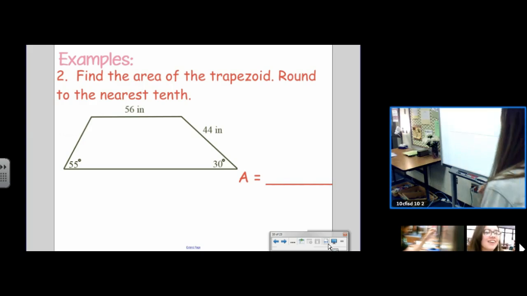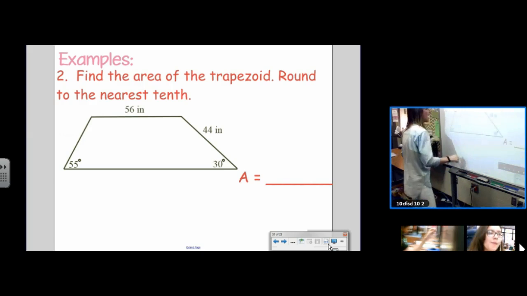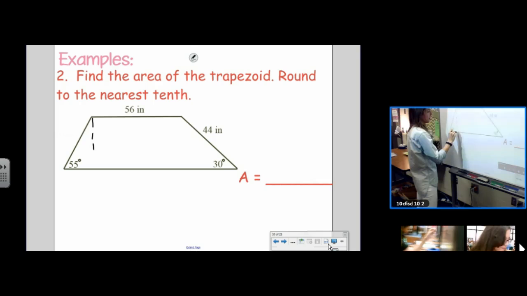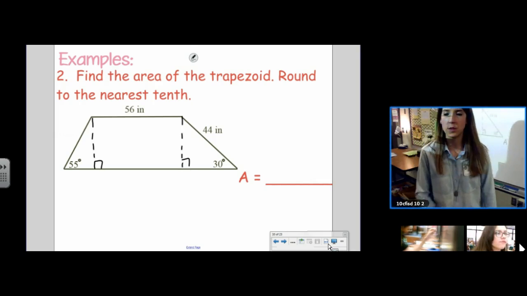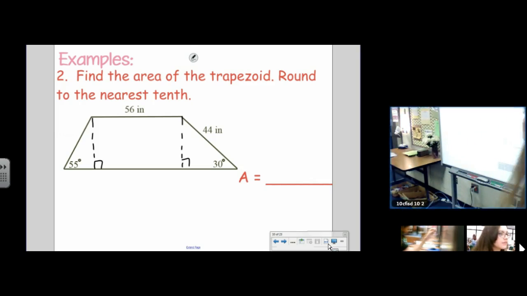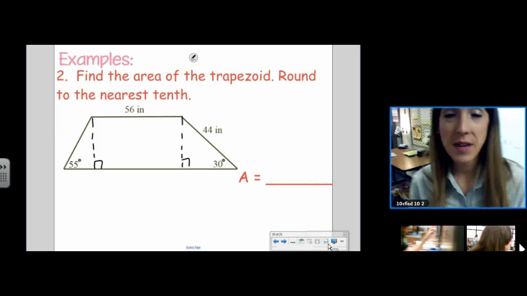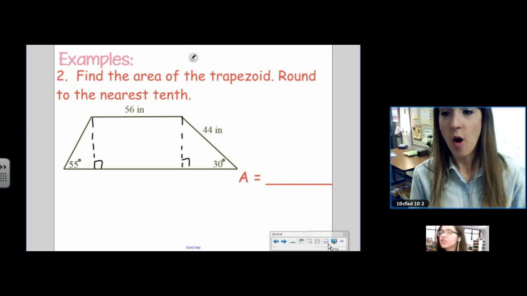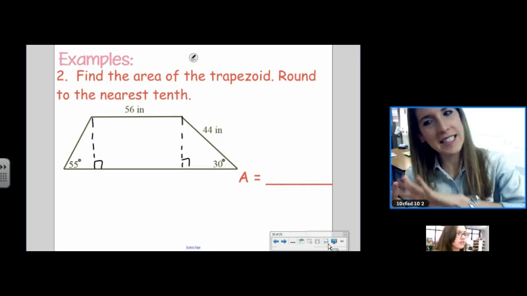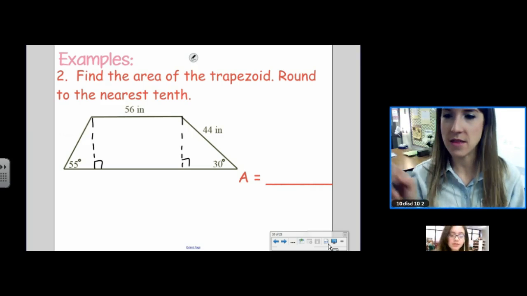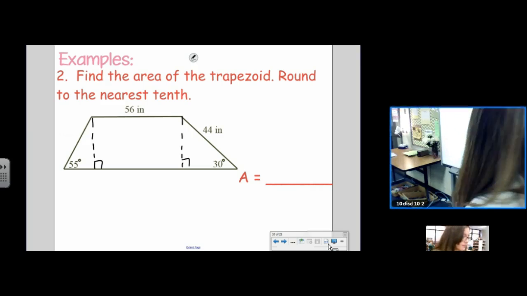All right, we know that to begin this problem, we need a height. I actually recommend drawing in both heights, both altitudes, because we will use both of them in this problem. Okay, so we know we need base 1, we need base 2, and we need a height. All we have so far is base 1, so we've got some work to do. Let's work in the easier section of the trapezoid. Let's work in the 30, 60, 90 triangle.